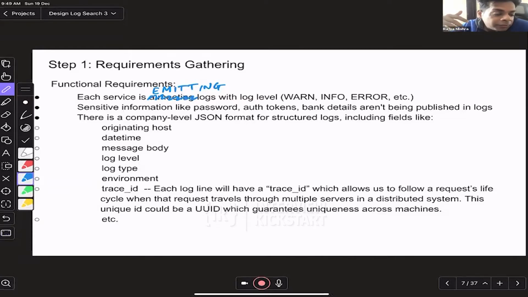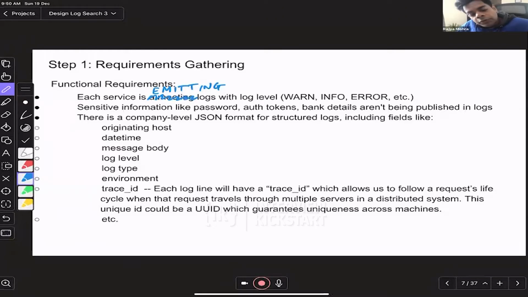So it could be that the company is not following a universal logging format, right? So it becomes very essential that the raw log lines are converted into a standard JSON format, and that JSON format is understandable by our log search application.